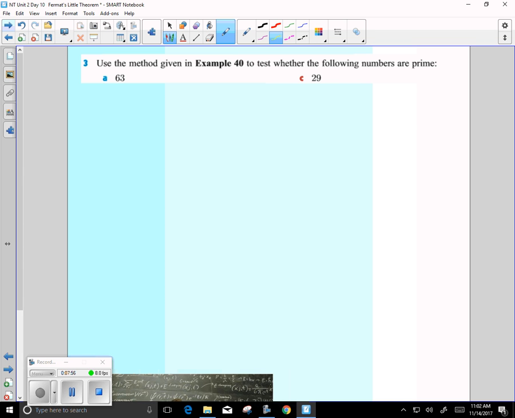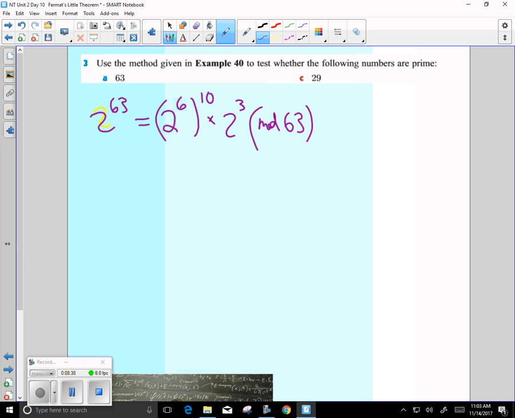So to see if 63 is a prime, you're just going to go 2 to the 63rd. 2 is the smallest prime, that's what we want to use, is going to be equal to 2 to the 6th to the 10th times 2 cubed mod 63. We're trying to see if 63 is prime.